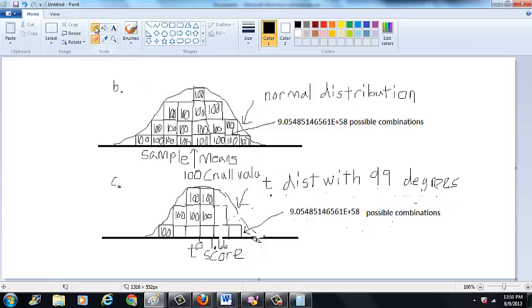Our t-score ended up being down here at the negative end, at negative 20. And if we want to put an x where our combination is at, we just put an x right above negative 20 under this curve.